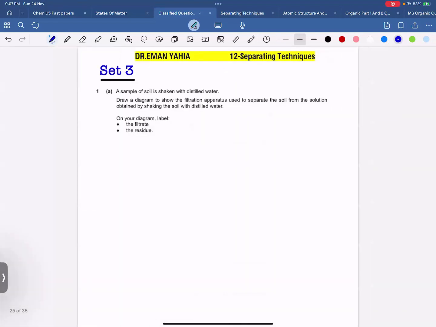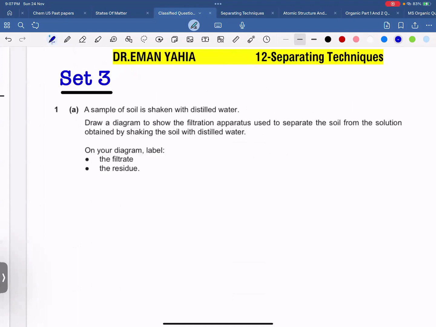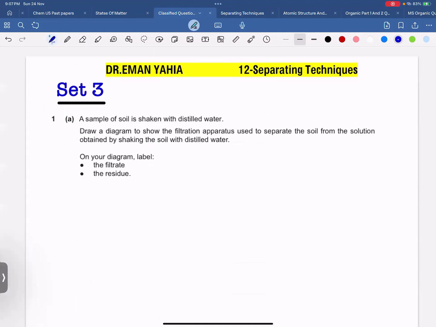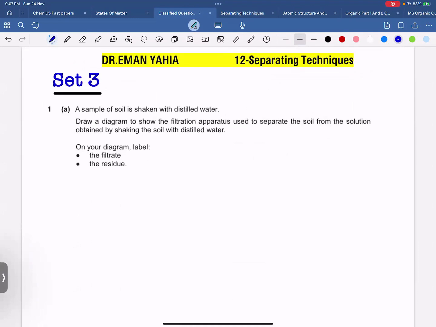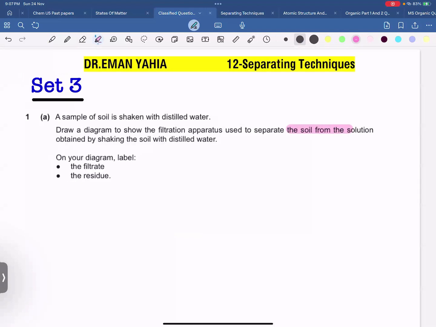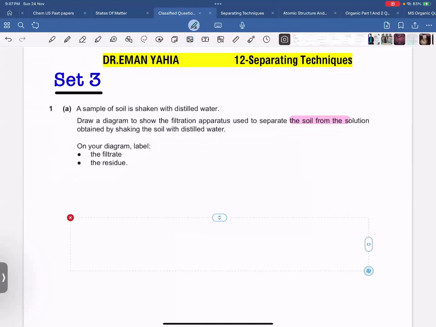Then, a sample of soil is shaken with distilled water. Draw a diagram to show the filtration apparatus used to separate the soil from the solution obtained by shaking the soil with distilled water. Remember, soil is insoluble in water. On your diagram, label the filtrate and residue.